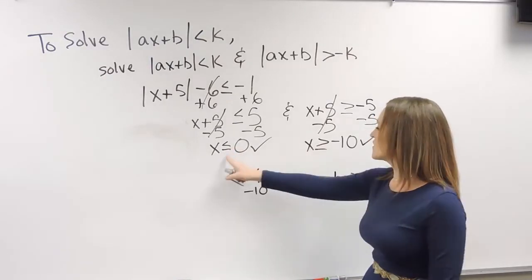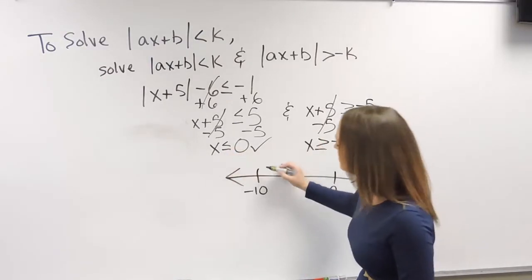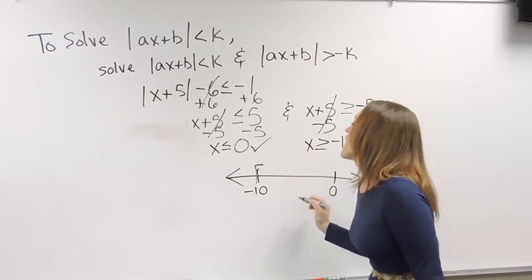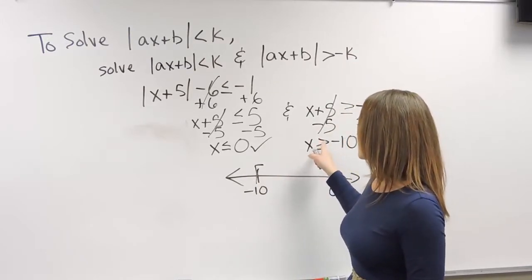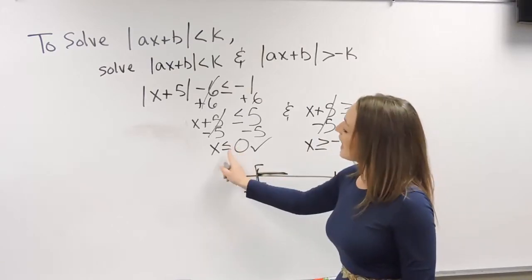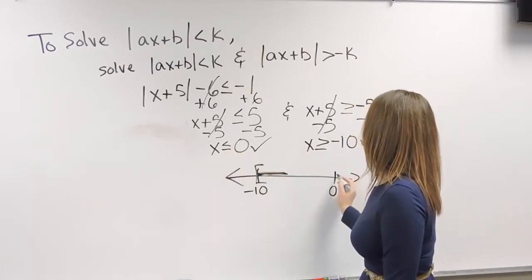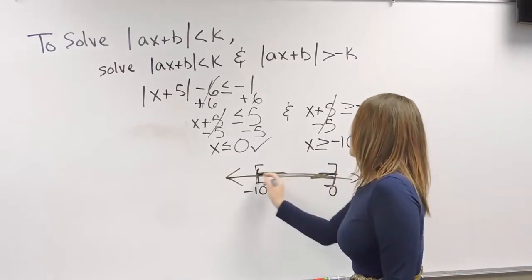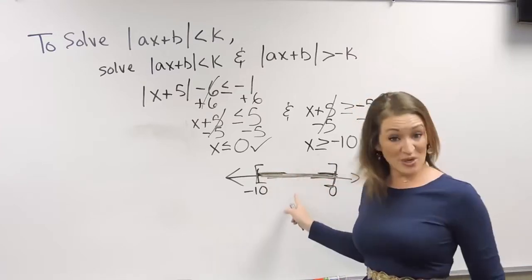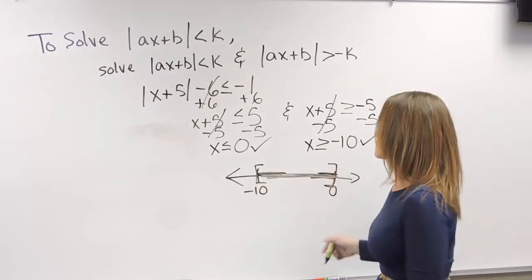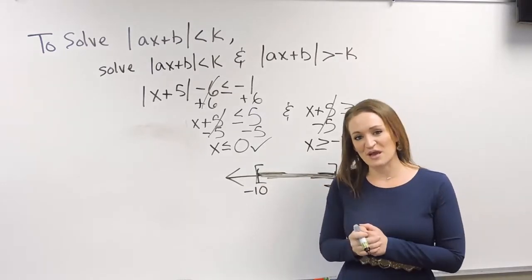Because we have the greater than or equal to, less than or equal to symbols, that does mean brackets on our numbers here. And we want everything greater than negative 10, so everything to the right of negative 10, and everything less than or equal to 0, so everything to the left of that 0. So we're talking about this space in between here. So greater than or equal to negative 10, less than or equal to 0. This is what your solution graph should look like.